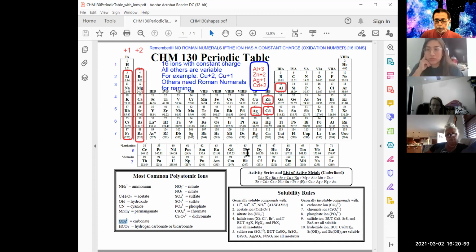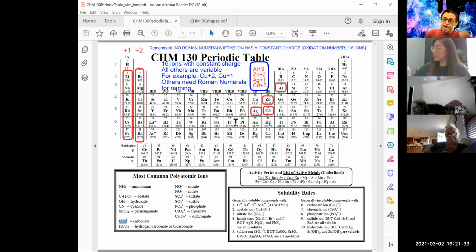We also know by now that metals want to lose electrons and non-metals want to gain them, which means that all metals, when they become ionic, specifically cations, will have a positive charge. The question is, how much of a positive charge? I've been using the term charge, but we're also going to call it oxidation number. Oxidation number is nothing more than a fancy name for the charge.